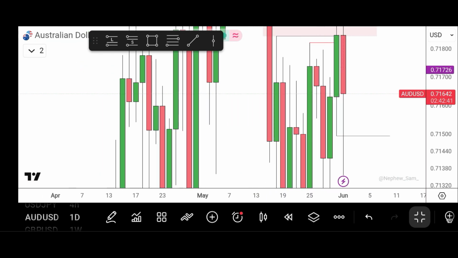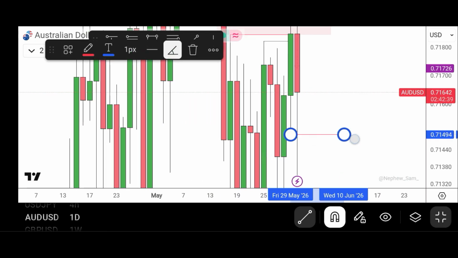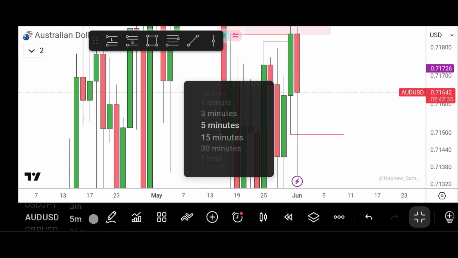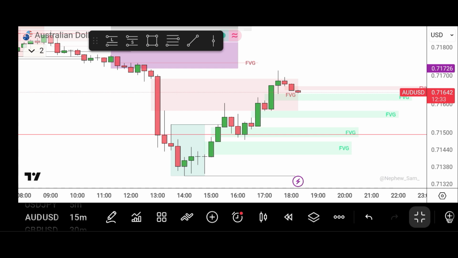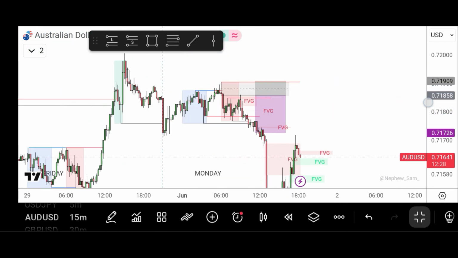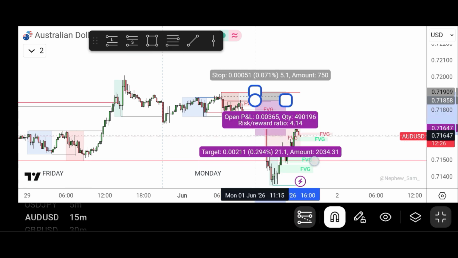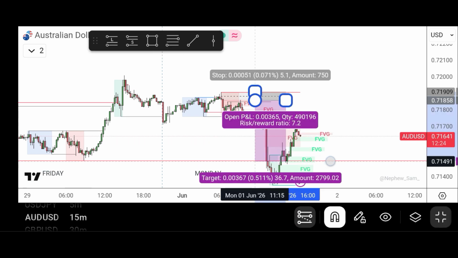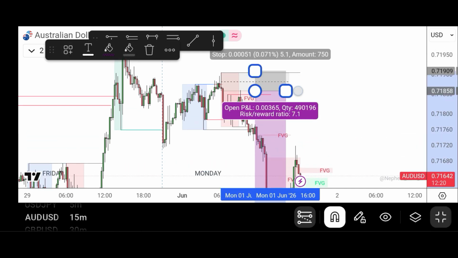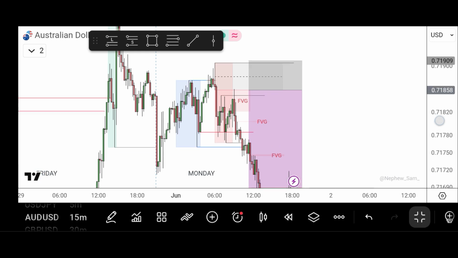I was targeting this low. Going back to the 15 minutes time frame, I took my sell limit there, and this was the low. It's about a 7-hour trade, 7.1 hours thereabout.